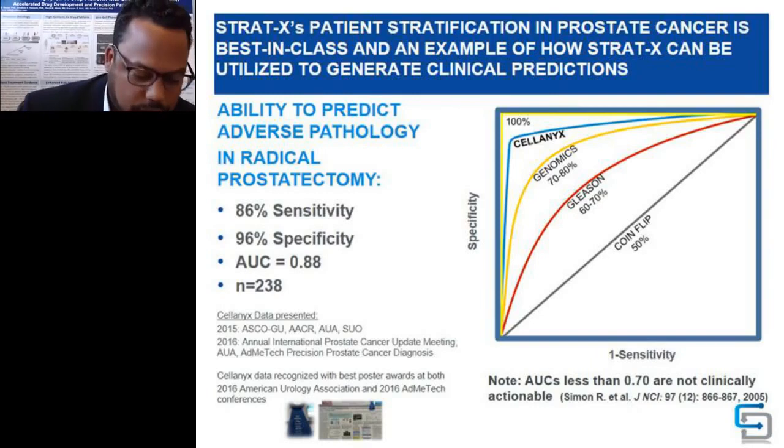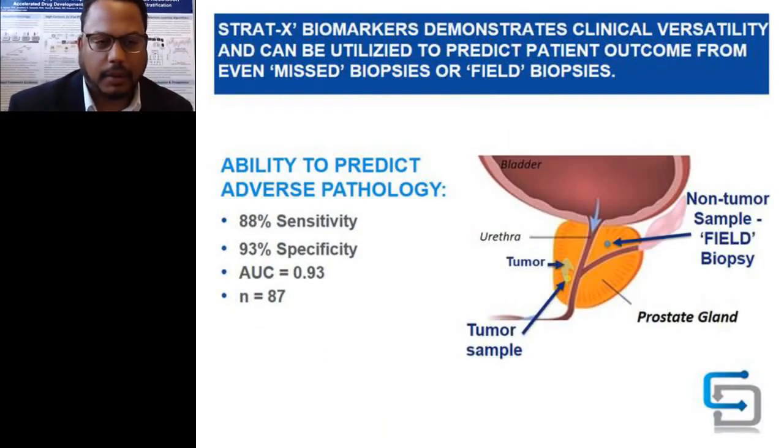What's also interesting, and kind of going back to the point that I may have alluded to earlier, is that given this breadth of biomarkers, one can make multiple predictions with different rankings of these biomarkers. We were also able to predict, using STRAT-X, surgical adverse pathology features, even if the tumor, or rather the biopsy, missed the tumor.